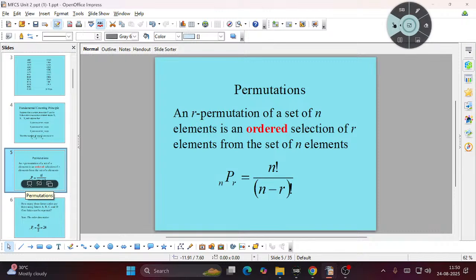An ordered selection of r elements from the set of n elements is nPr, equal to n factorial by n minus r whole factorial.